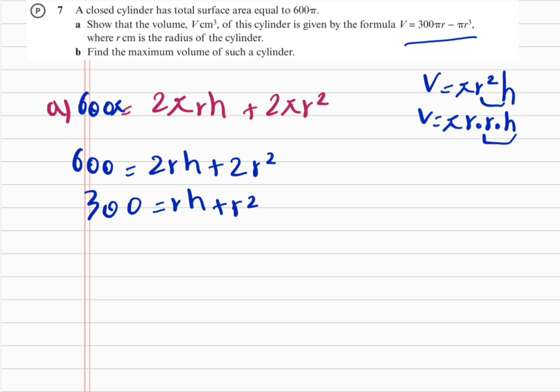And if you notice here, we have the term rh, which is exactly what I just explained a minute ago. So that means we can just write this formula, make rh the subject, and just have 300 minus r squared, because this allows us to substitute this into the formula of the volume.